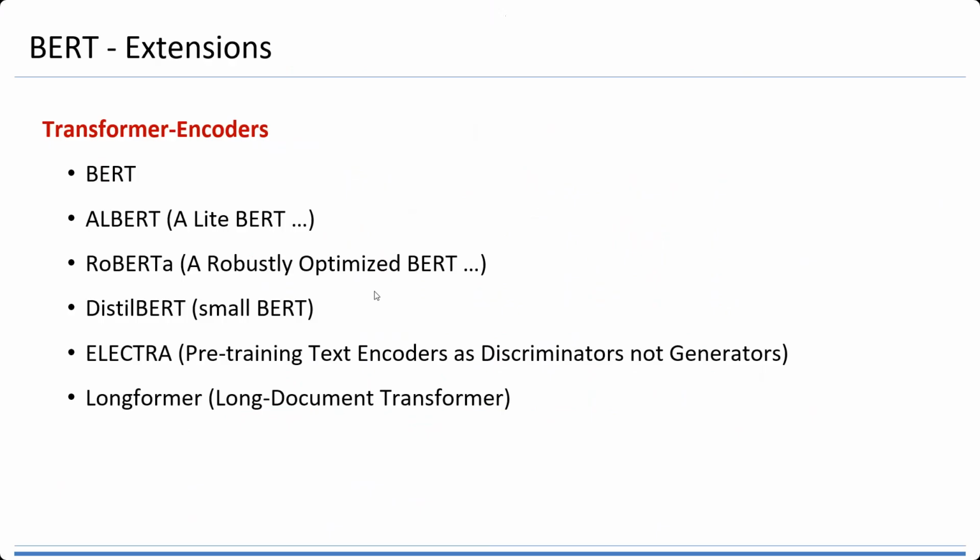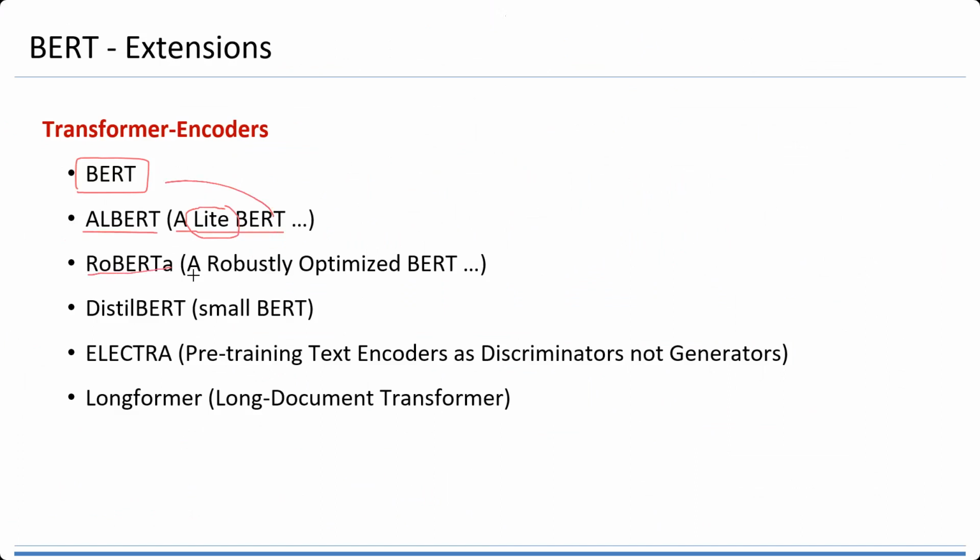In BERT, there are some extensions that you can take a look at. What I mentioned to you is the original BERT, but it has been extended. For example, ALBERT is a light BERT, meaning it is lighter, with fewer weights, but the performance is similar to BERT.